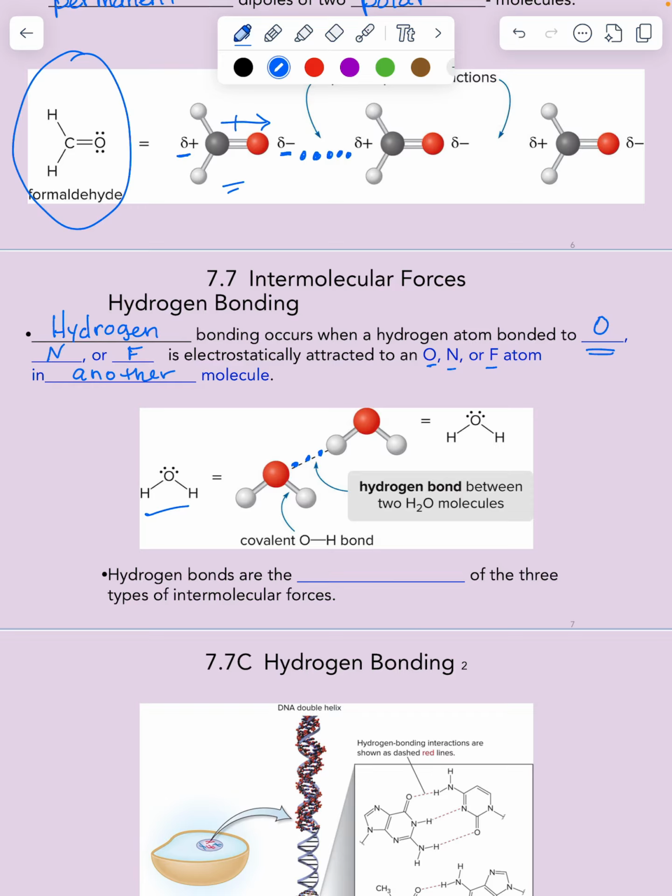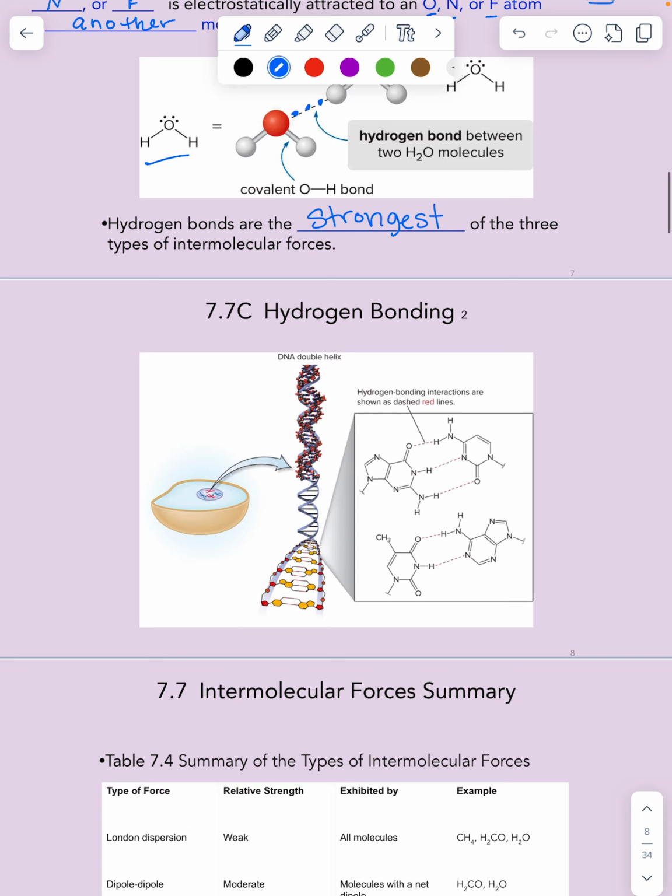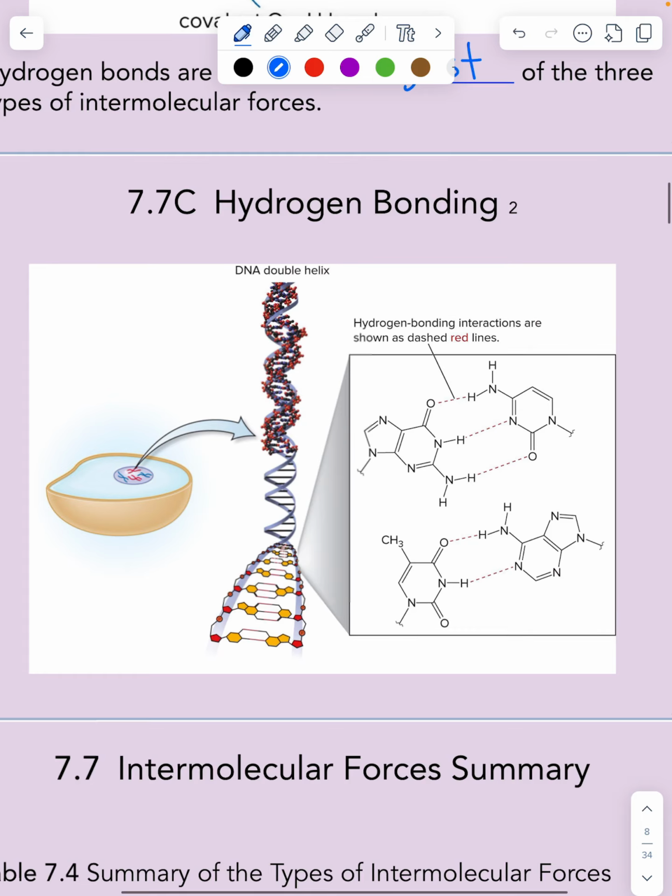Hydrogen bonds are the strongest of these three types that we've talked about. LDF being the weakest, dipole-dipole somewhere in the middle, and then hydrogen bonding is the strongest of these three. We'll see on the next graphic that hydrogen bonding is important in our DNA. We know that the DNA is in the nucleus of our cells, and that determines everything about us.